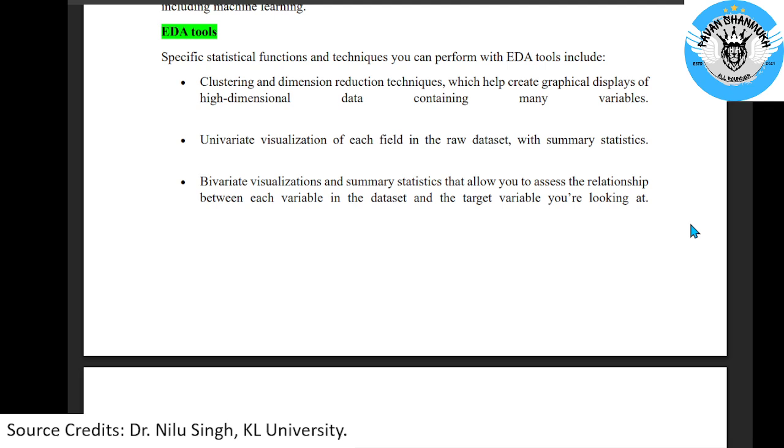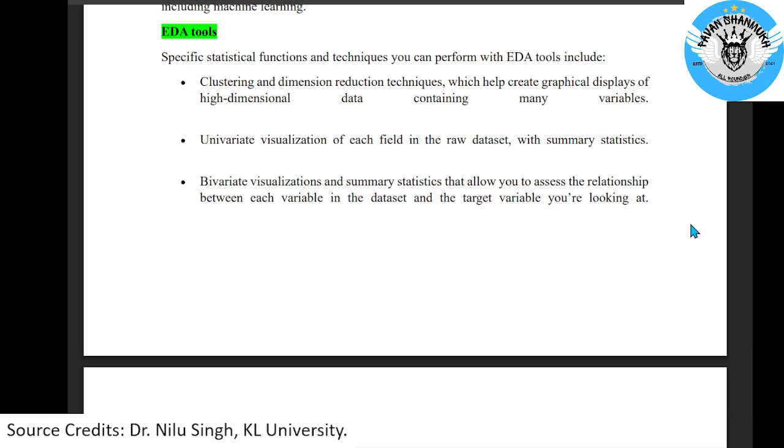See, the specific statistical functions and techniques you can perform with EDA tools are: the first one, which we obviously use in every dataset, is clustering and dimension reduction. This was also discussed earlier. Dimensionality reduction helps to create graphical displays for high dimensional data containing many variables.